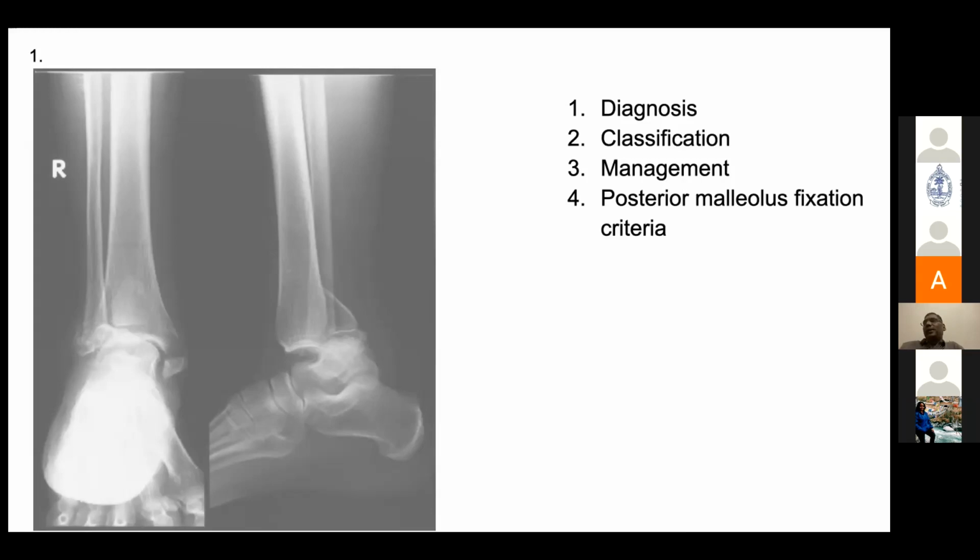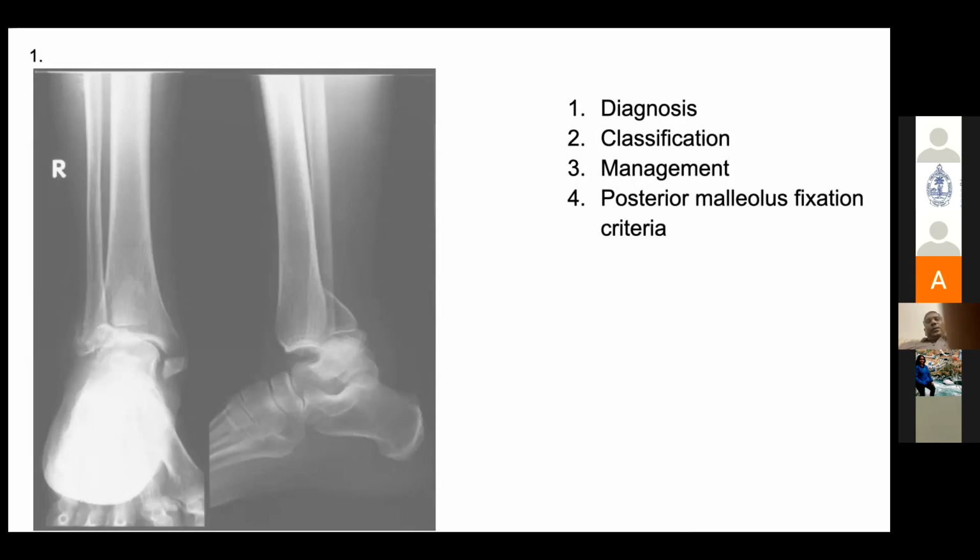Is it supination external rotation or pronation external rotation? So looking at the medial malleolus, it would be pronation external rotation. Why? So the transverse fracture of the medial malleolus occurs in pronation external rotation. In both. Yes. But you can get even the transverse fractures in supination external rotation also.